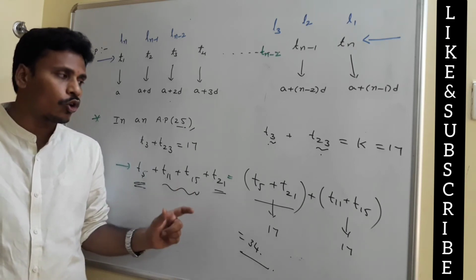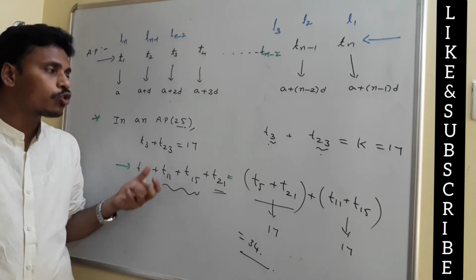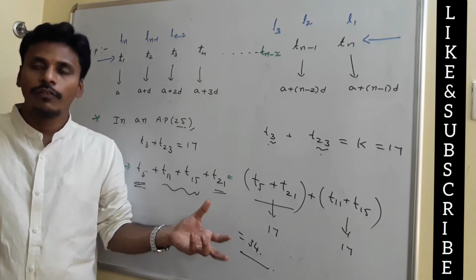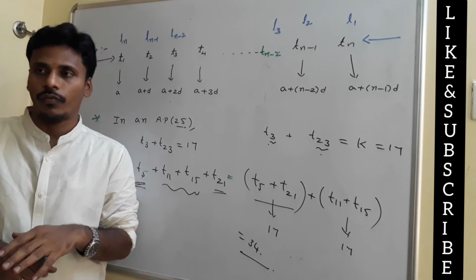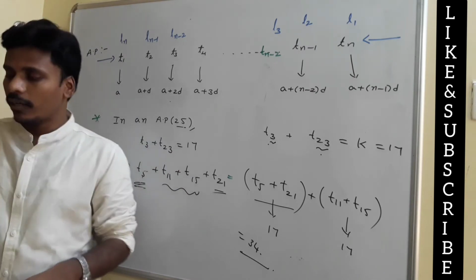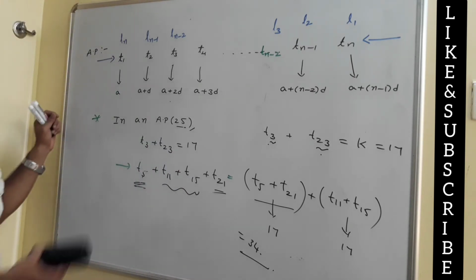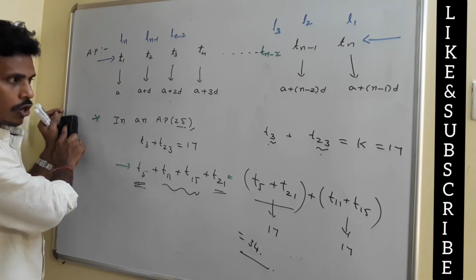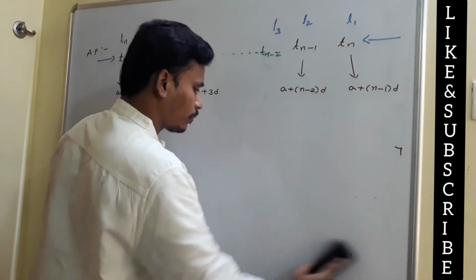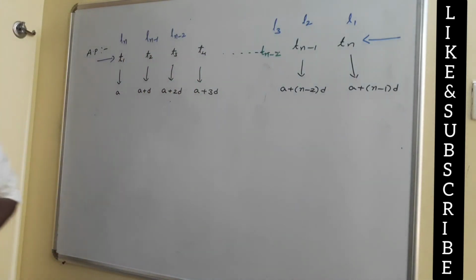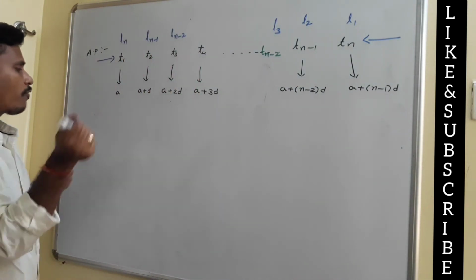But here our motto is to learn how the values are equal, since the terms are equidistant from both ends of the arithmetic sequence. Just have a look at this. I will conclude this with another task, right? I am erasing this. Okay. So what I am going to tell you is, always with the total discussion I will give you one final thing.